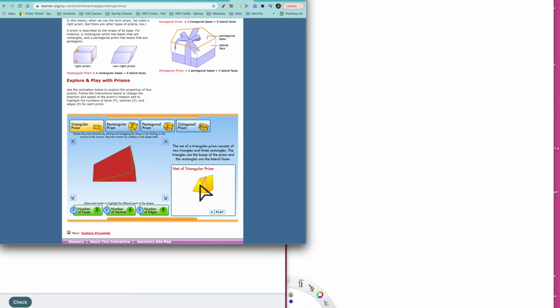Going through here, if I click play again, and it unfolds, and then I let it turn sideways. Well, that's good enough. So you can see that these are either squares or rectangles going down the middle for each one of these guys. It's just that the two sides opposite each other, which I'm calling the bases, are some other shape, and that's how we name a prism.